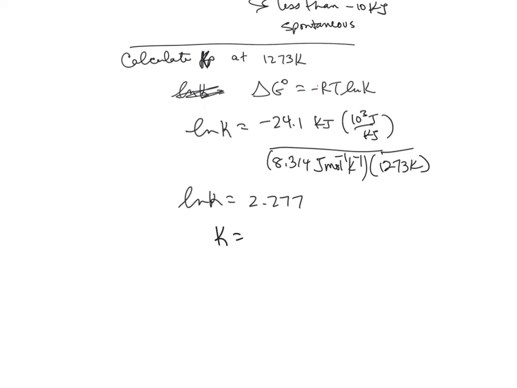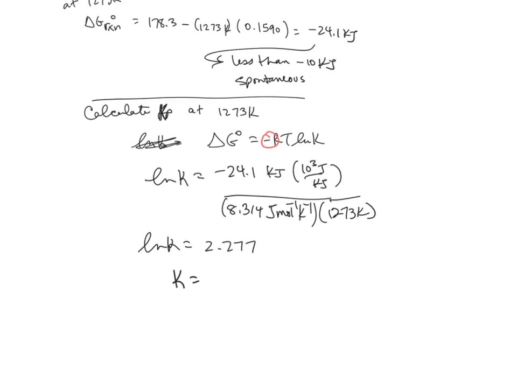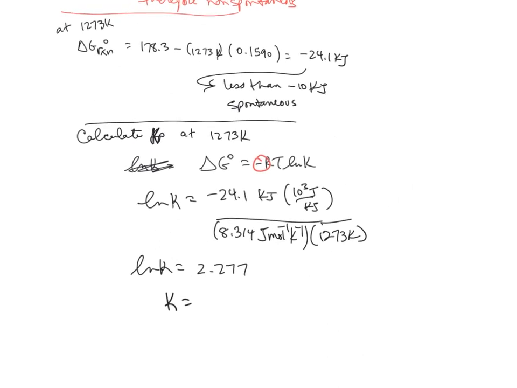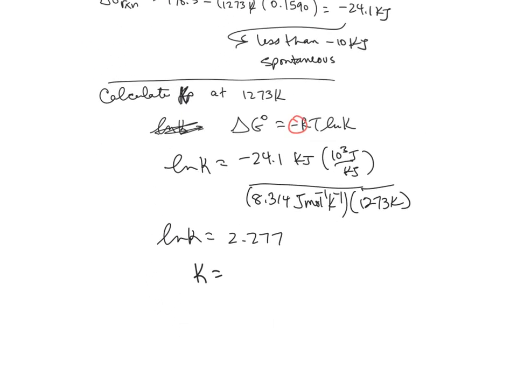You get the negative from here, and also delta G is negative, so it's times negative again. So that's positive right there. We can check that. I think that's right. Okay, so then that's going to be positive 2.277. Take e to both sides, you're going to get 9.75.